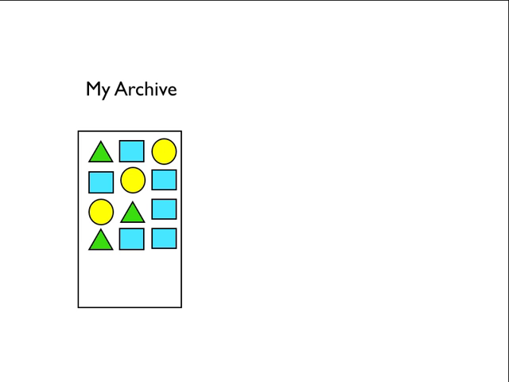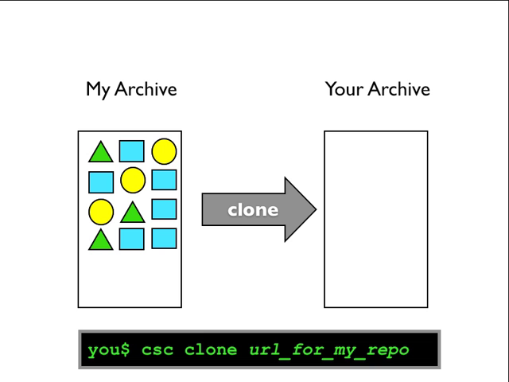Let's assume that I'm working on this project and I've got my archive set up with all my changes in it, all my snapshots in it, a complete history of everything I've done. I've been working on this project for some time. And my boss hires a new worker, you in fact, and you want to work on the archive with me. So I set up a web server of a sort that'll serve up files out of my archive, and I give you a URL to that server, and you run a clone command.